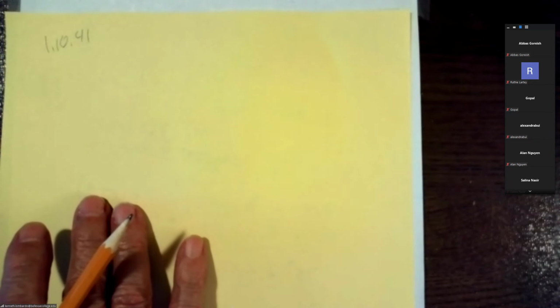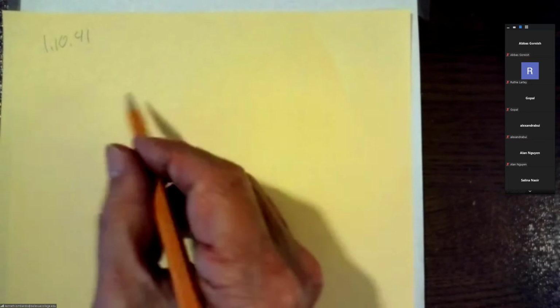Let's see how it reads here. Two vertical poles, 8 feet and 6 feet.